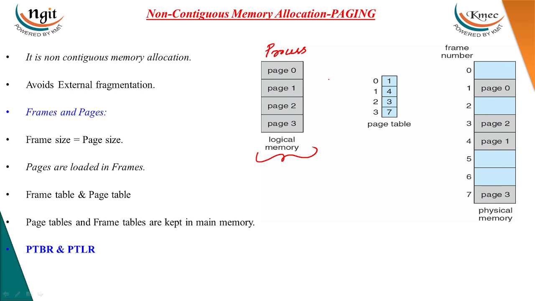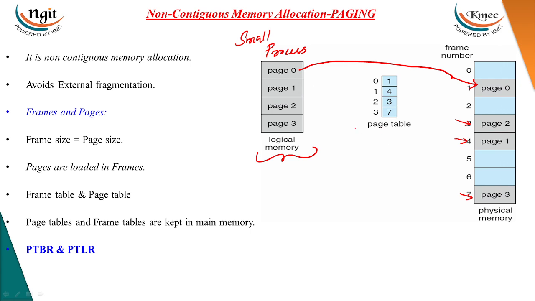And one more thing, even if you store an entire small process into main memory, there is no rule that you must store it in contiguous memory. You can store it in different places where memory is available. When the pages are loaded into main memory, they may be loaded into different places.